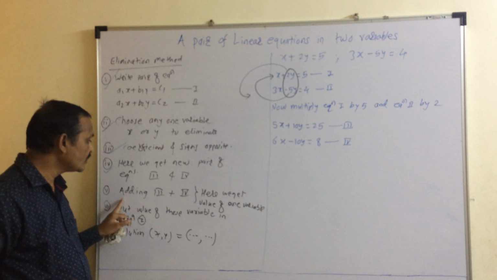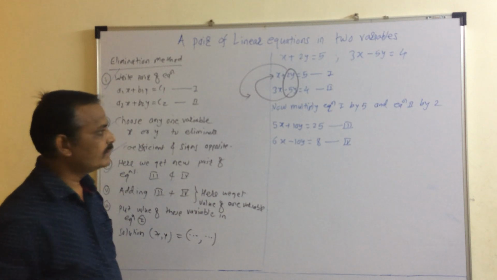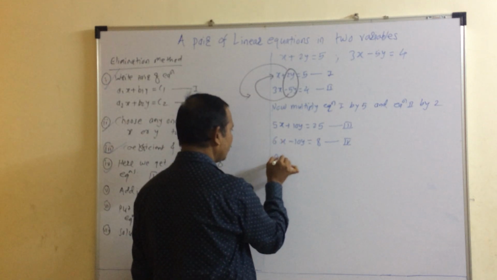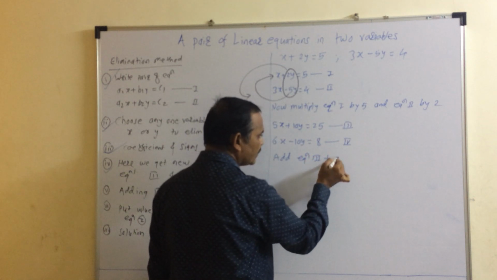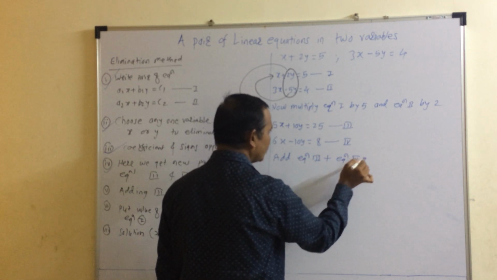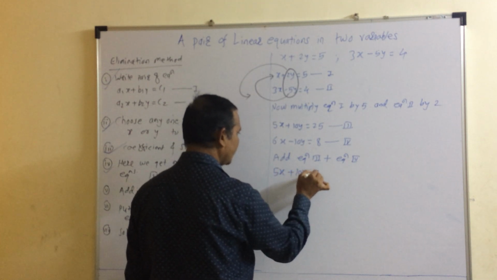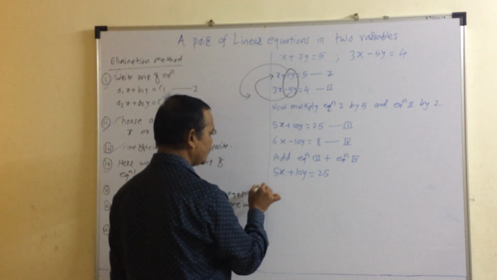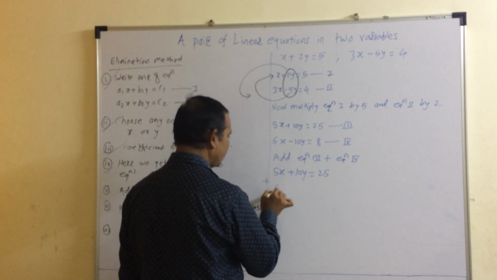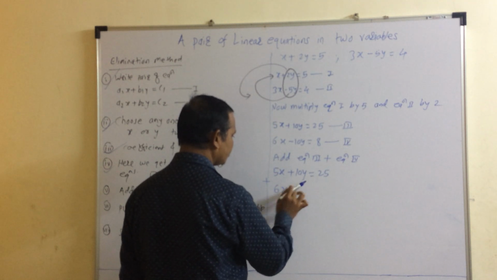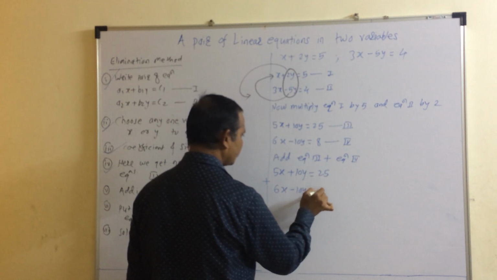Now the next step is adding equation 3 with 4. That means if we add equation 3 with equation 4, we again write here 5x plus 10y is equal to 25, and for the operation of adding, the plus sign is also written. Second equation 6x minus 10y is equal to 8.